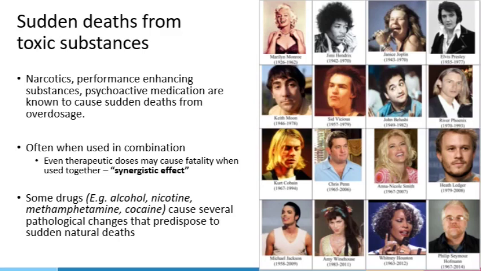But we also have to look at certain other situations, like for example, did this particular person also have some kind of natural disease that could then enhance the effect of the drug? And in fact, some types of drugs, for example, alcohol, methamphetamine, cocaine, also change the dynamics of your body, and they can actually cause several pathological changes, structural changes within your body that can then lead to even natural causes of death, as what we discussed earlier.